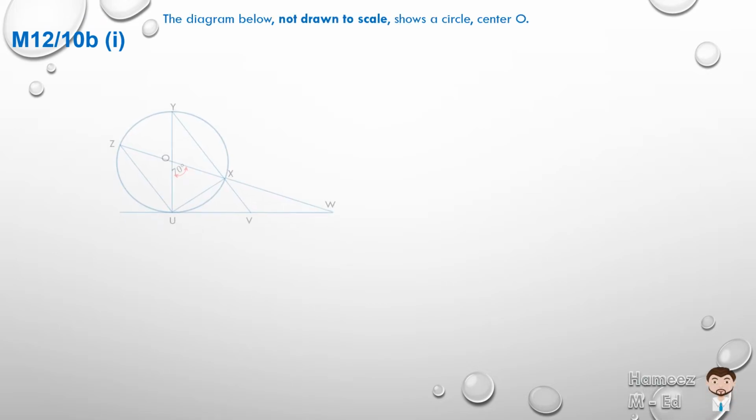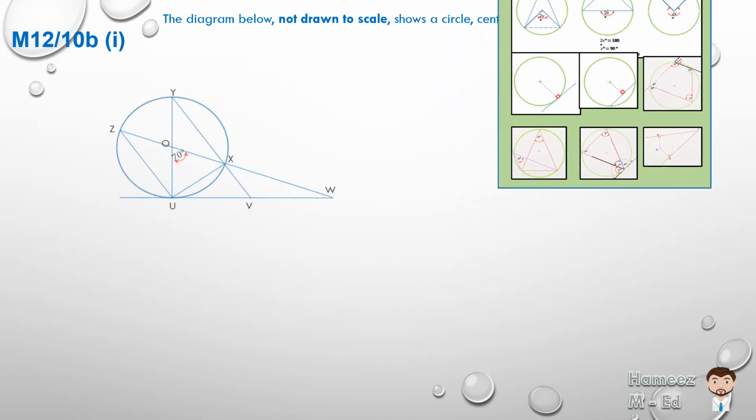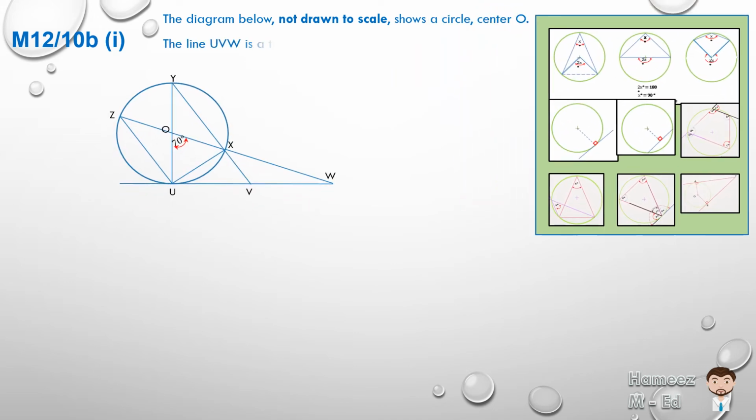May 2012, number 10B. The diagram below, not drawn to scale, shows a circle center O. The line UVW is a tangent to the circle, which means that line touches the circle at only one point.